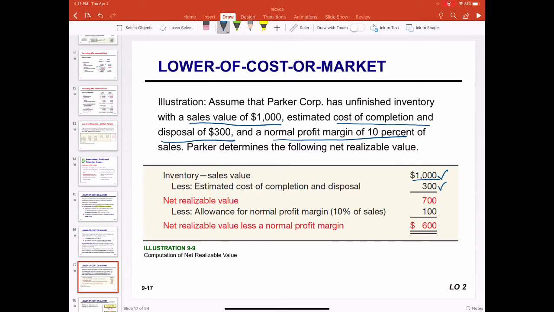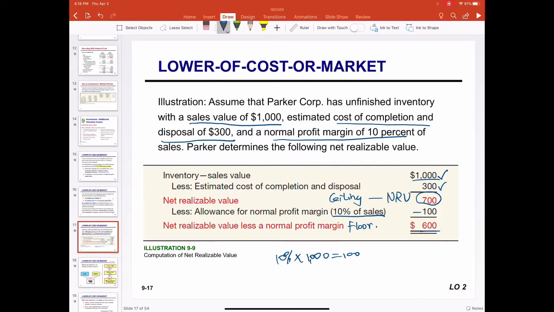Subtract cost of completion and disposal. The 700 in red is net realizable value. And the normal profit margin is 10% of sales. Actually, it's 10% multiplied by the sales, 1,000. So the profit margin is 100. The difference between NRV and normal profit margin, 600 in red, is the floor. So 700 is the ceiling, 600 is the floor.